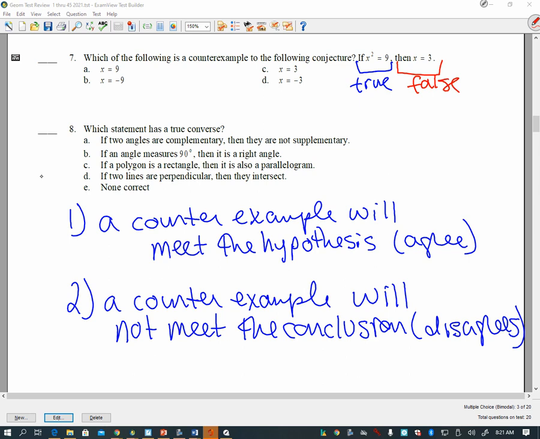Okay, so let's discuss why these different numbers don't work. X equals 9. Is 9 squared equal to 9? No. Because it disagrees with the hypothesis, it cannot be a counterexample.